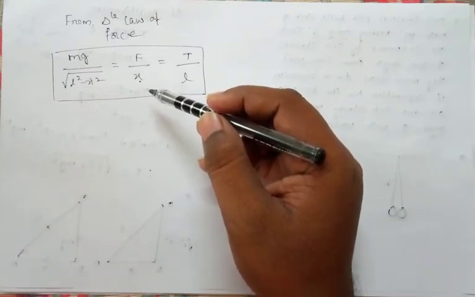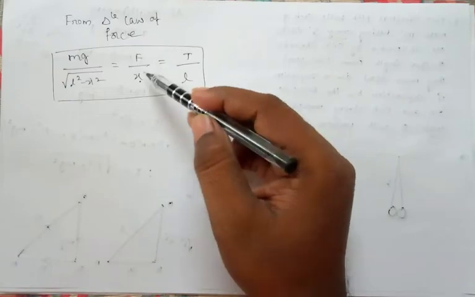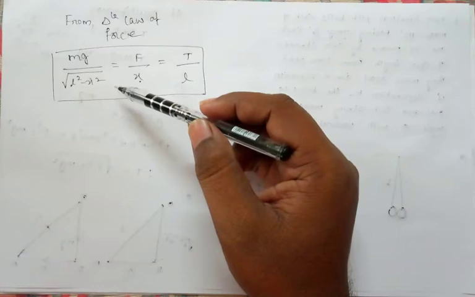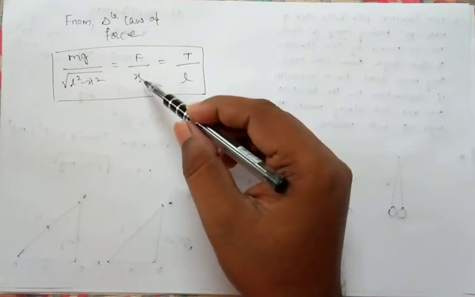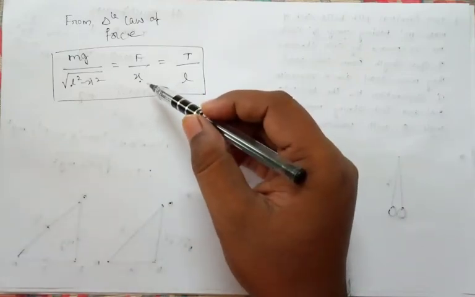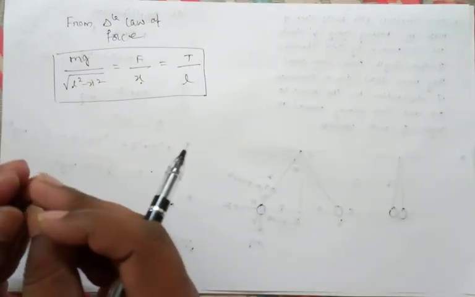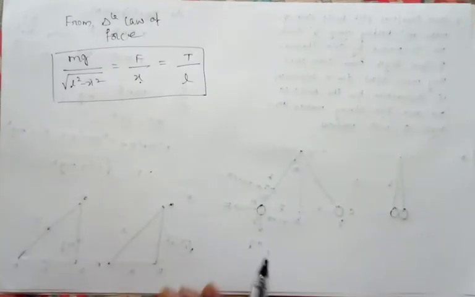Here they provided the separation x as well as mg, and we discussed that relation. Now if they ask for the separation value, that is how far apart the two pith balls will be, that x, how can we solve?